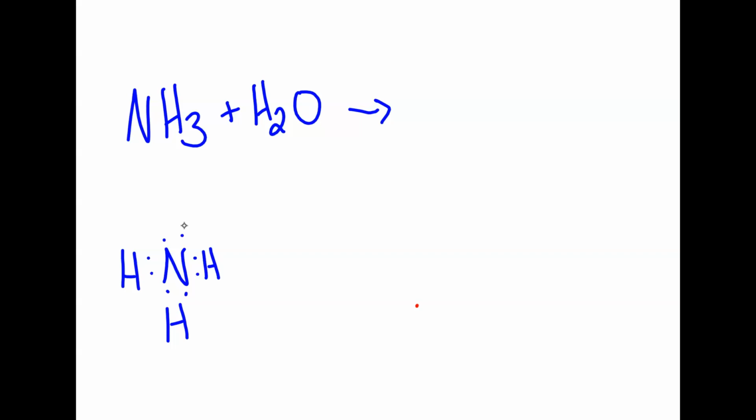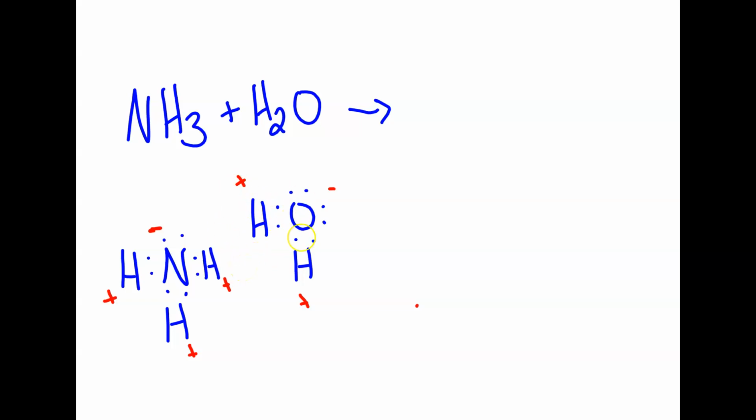Now, a water molecule is made out of hydrogen and oxygen, and it looks like this. We know that this hydrogen has a partial positive, and we also know that this molecule of ammonia is negatively charged up here, and these are positives. Which part of the water molecule is going to be attracted to the ammonia? That's right, this positive hydrogen here.